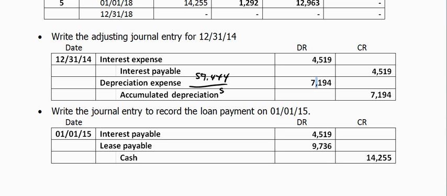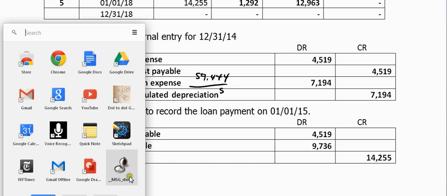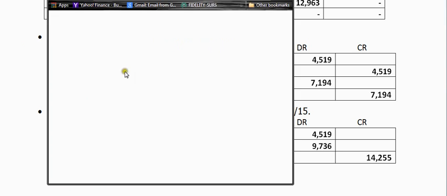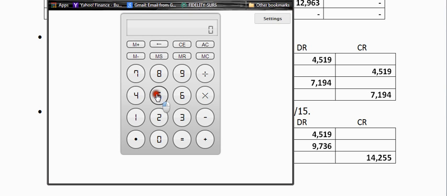I don't have you guys to help me, and my calculator has just disappeared. It has left the building. Okay, let me see if I can get another one here. Calculator. All right. 59,444 divided by 5 equals, looks like 11,889.